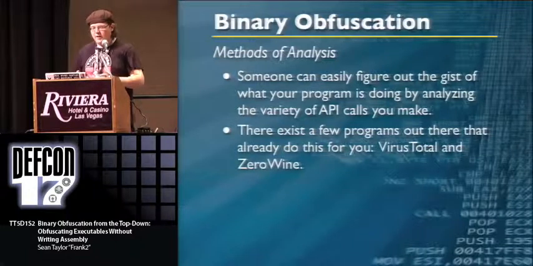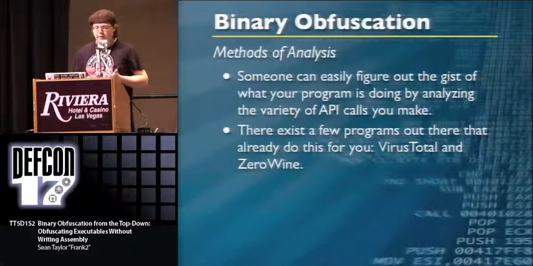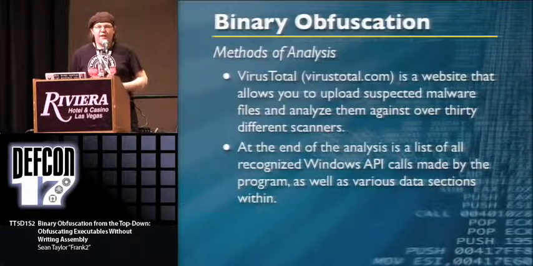There are a few programs that are out there. Two of them specifically I want to focus on because of their two different methods of analysis are VirusTotal and ZeroWine. VirusTotal is this really cool online app that allows you to upload anything you suspect might be malware and send it off.